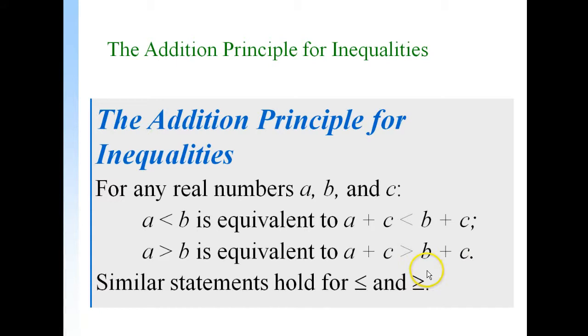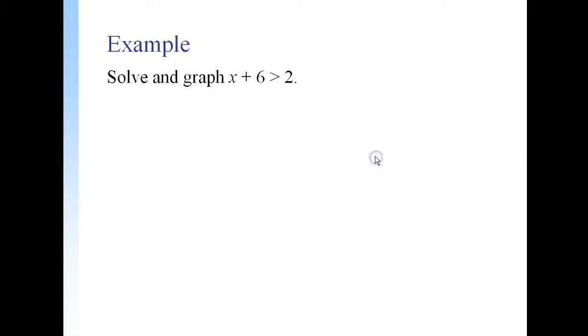Now, generally, for solving inequalities, all of the rules we had in Chapter 1 for equations are true, especially for the addition principle. We can add something to one side, subtract something from one side, and it's still an inequality. So here they're asking us to solve and graph.